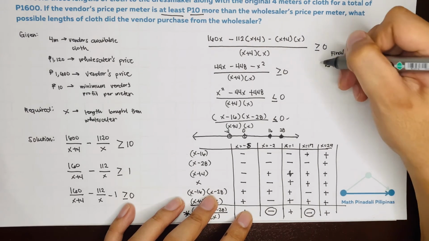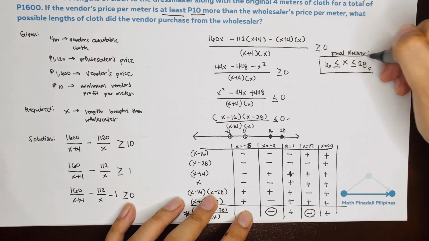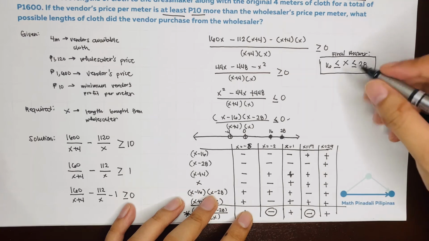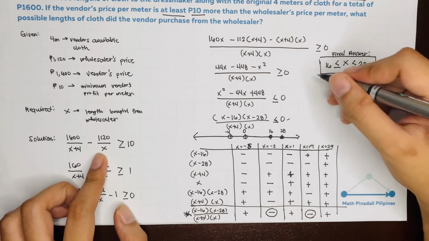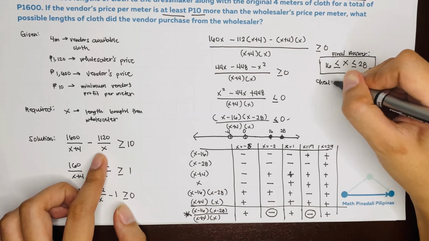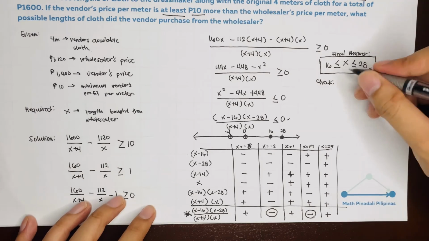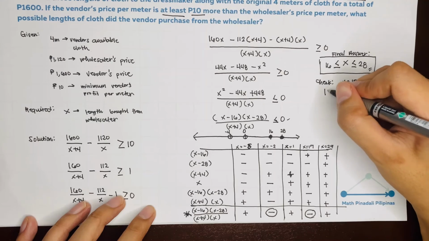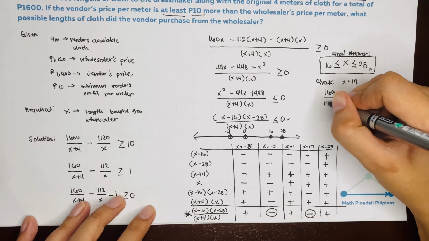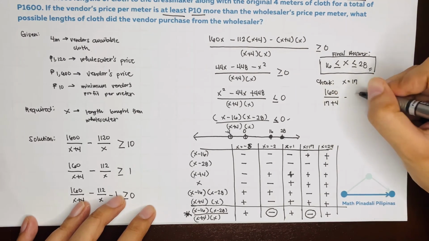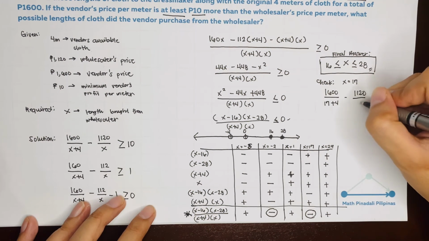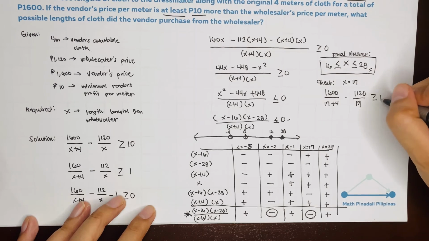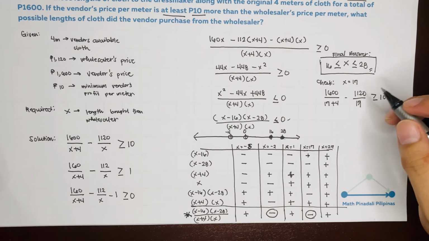Okay. So, check natin. Quick check lang tayo. Pili tayo ng value between 16 and 28. So, pag tinry natin 17, then plot natin to. So, to check, let's say x is equals to 17. If x is equals to 17, 1,600 over 17 plus 4 minus 1,120 over x, that's 17, is greater than or equal to 10. True kaya kung greater than or equal to 10?